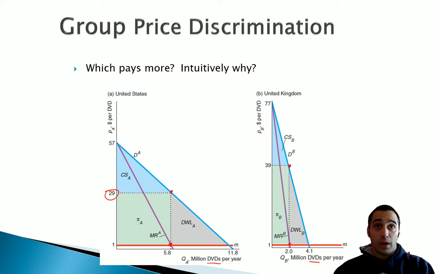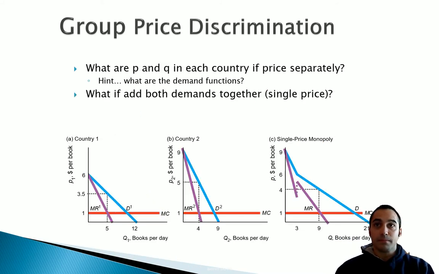Trace it up to price, and you'll note that we set the price to be 39, which is higher. So, therefore, firms should set the prices higher in inelastic areas and lower in elastic areas. And if they do this, they will make more money than if they had just optimized adding these two demand schedules together.